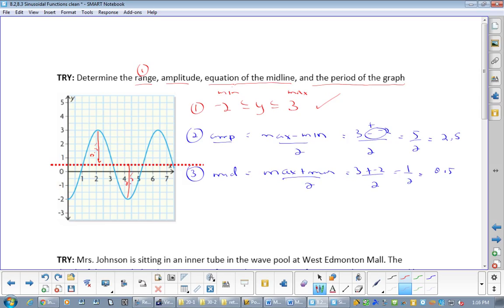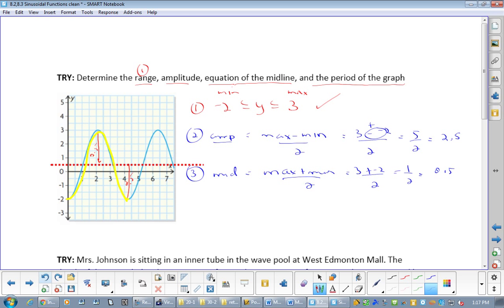And the last thing is the period. Maybe we want to see how it starts right down here. Let me just draw it. It starts here, and then it's here again. Oh, I went too far. So I should have gone to there. So what are we thinking? Is it 4?